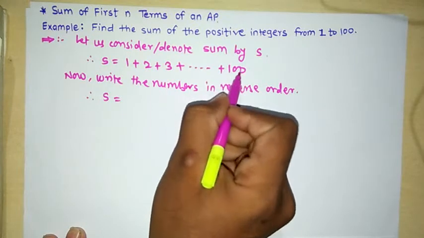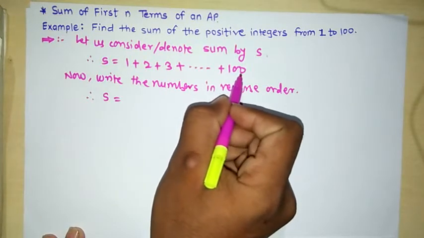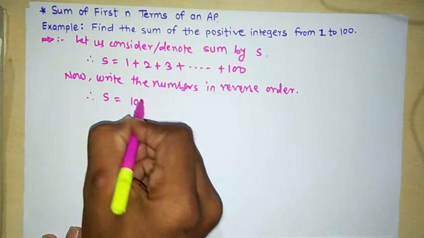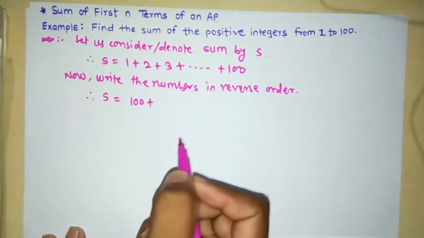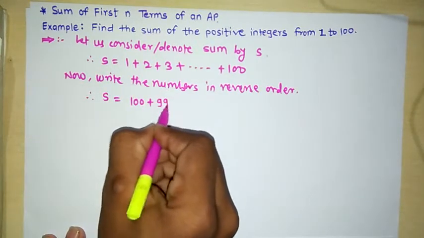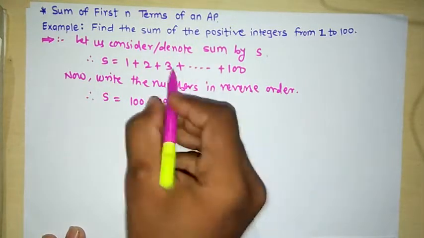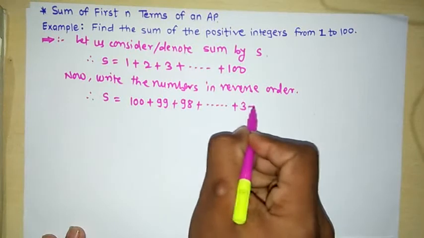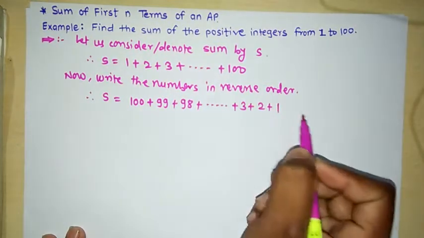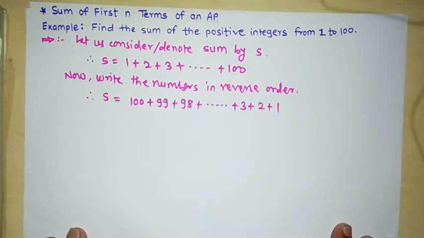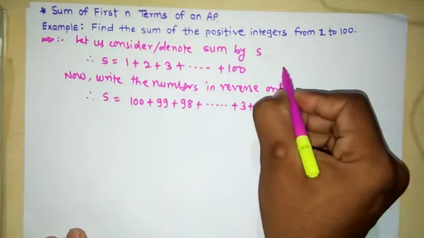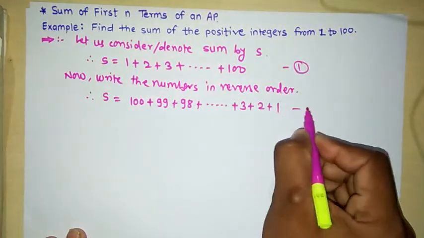If we write in reverse order, then the last term will become the first term. That is, 100 will become the first term. 100 plus, before 100 which term is there? That is 99 plus 98 plus and so on, plus 3 plus 2 plus 1. Now we will mark this as equation number 1, and this is equation number 2.